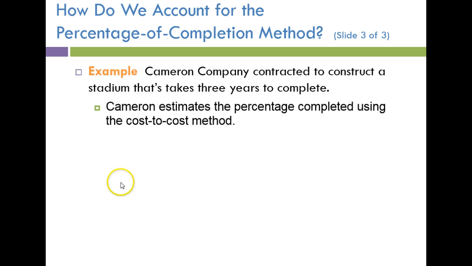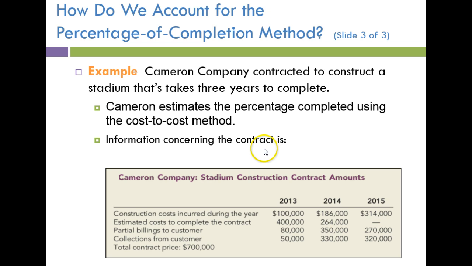Here's an example. Cameron Company contracted to construct a stadium that takes 3 years to complete. Cameron estimates the percentage completed using the cost-to-cost method. So here we have all this information.